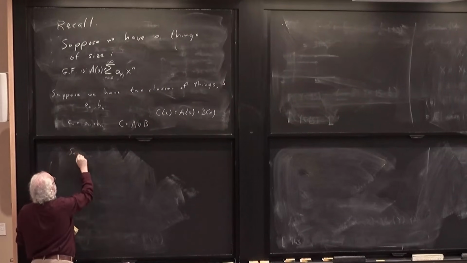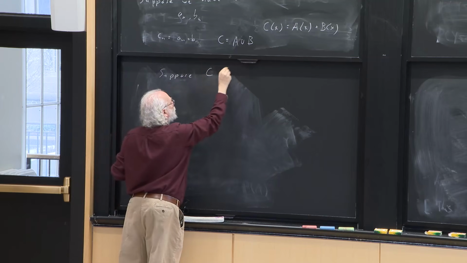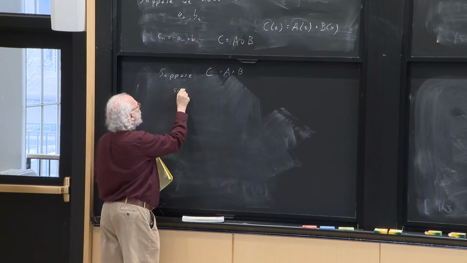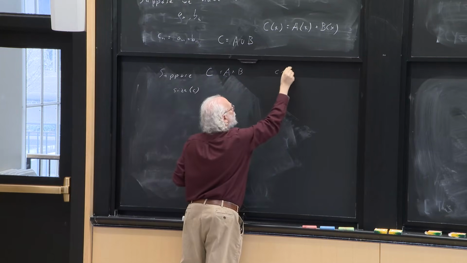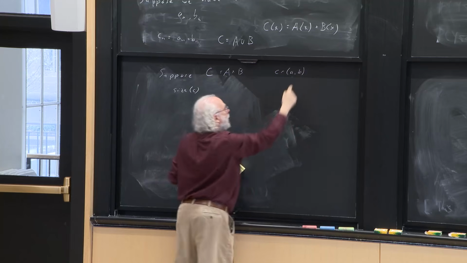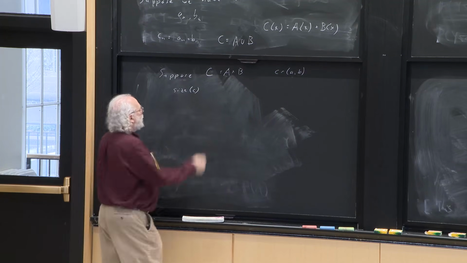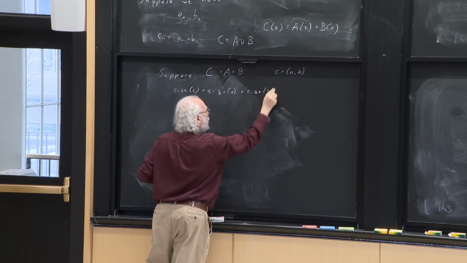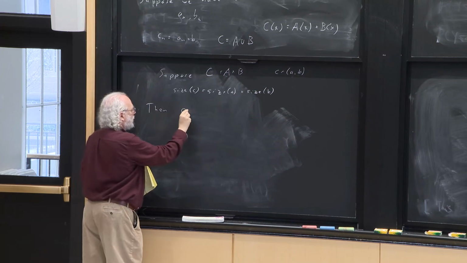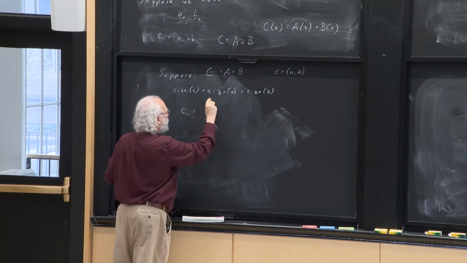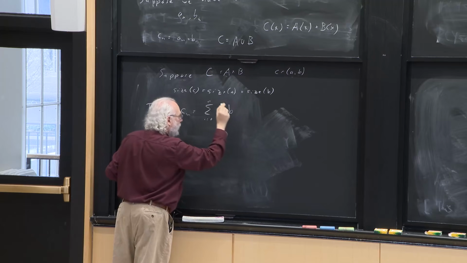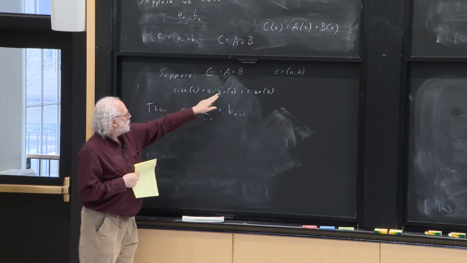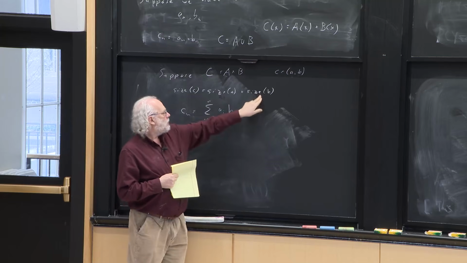And suppose C equals the direct product of A and B, so C equals (A, B), something from A and something from B, where the size of C is equal to the size of A plus the size of B. Then C sub n equals summation i equals 0 to n of A sub i B sub n minus i, because if you want two things to sum to n, one should be i and the other should be n minus i.